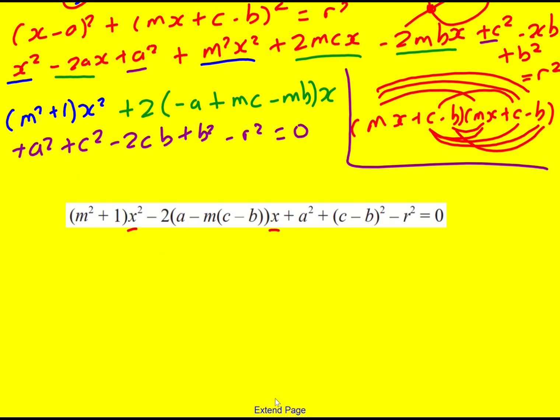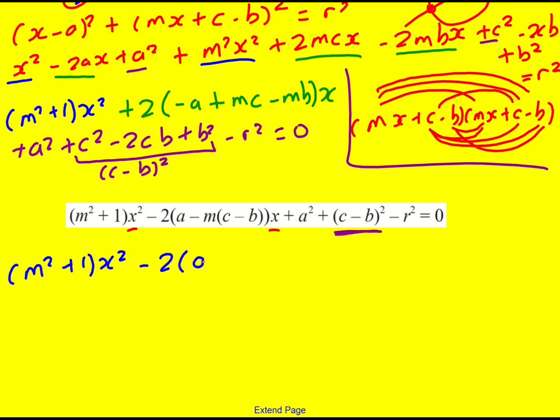Let's just check in with what we're actually trying to get to. We're sorted with the x² term. Just need to manipulate the x term a little bit. I can see I've got this here has been factorized, and actually that is that. (c − b)² is there. So I'm nearly there. (m² + 1)x². Okay, I need to change this to a minus, like they have in the answer. So that will give me a positive a, and then I will get a minus mc plus mb, which I can then factorize out the m for.